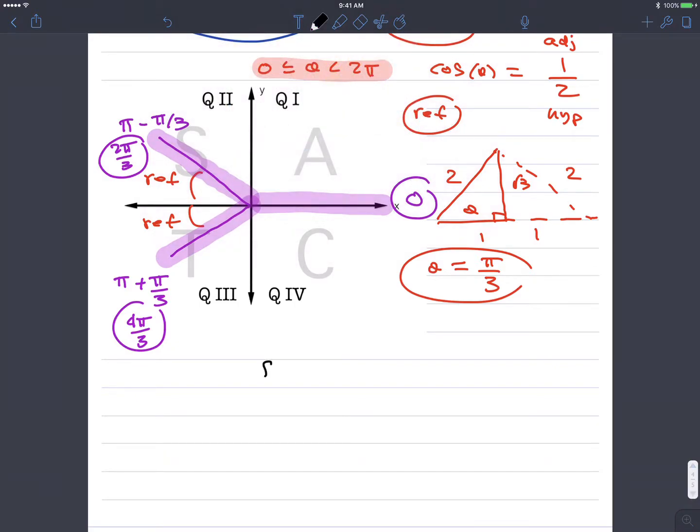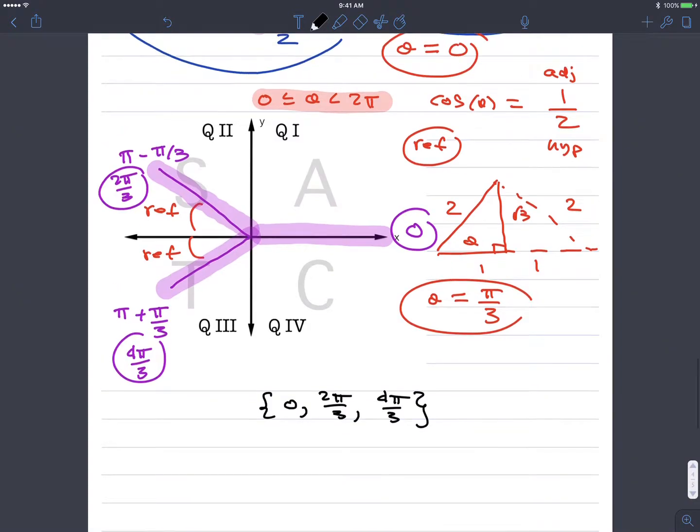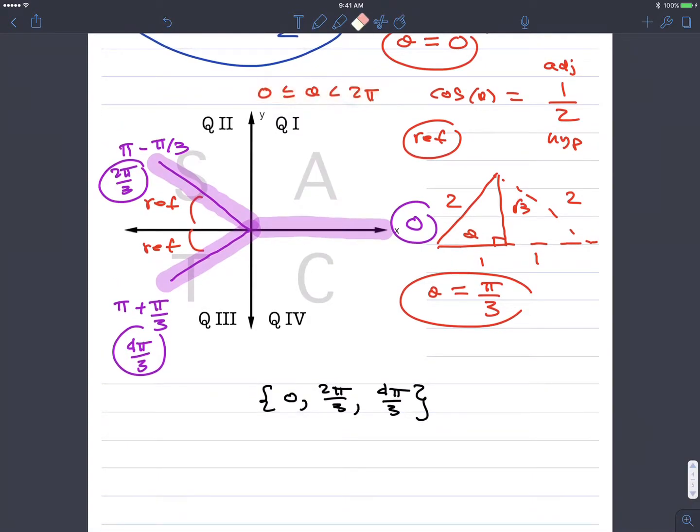Final answer. Well, you'd say it happens at 0, it happens at 2 pi over 3, and it happens at 4 pi over 3. And again, this is all over the interval from 0 to 2 pi, not including 2 pi.